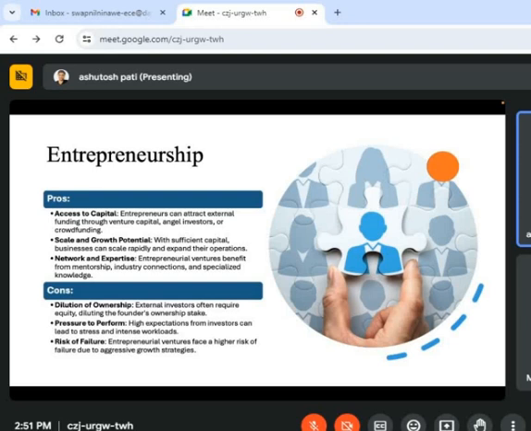I'll say, okay, my business value is now 10,000 rupees, give me 1000 rupees and you take 10%. So this is the dilution of ownership. That means I raise some capital which is more than my business value. Generally, on paper it is equivalent to your business value, but there will be some extra factor which gives an edge.